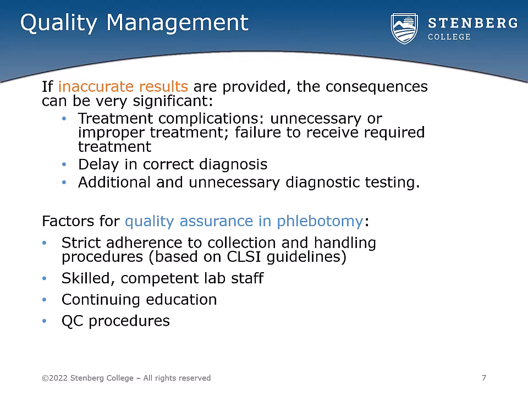Errors can also result in delays in establishing a correct diagnosis and unnecessary repeat testing if mistakes require sample recollection. Some factors to ensure quality in phlebotomy include specimen collection and handling policies and procedures based on CLSI guidelines with strict adherence to guidelines, skilled, trained, competent, and professional lab staff, continuing education, and quality control procedures.